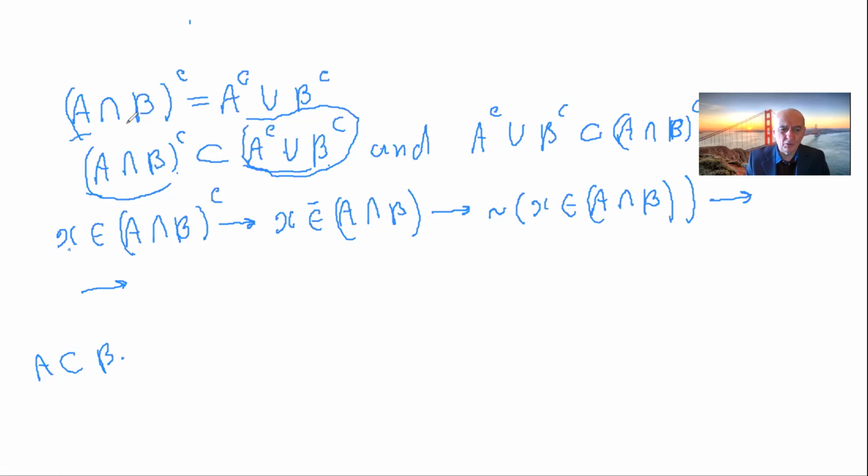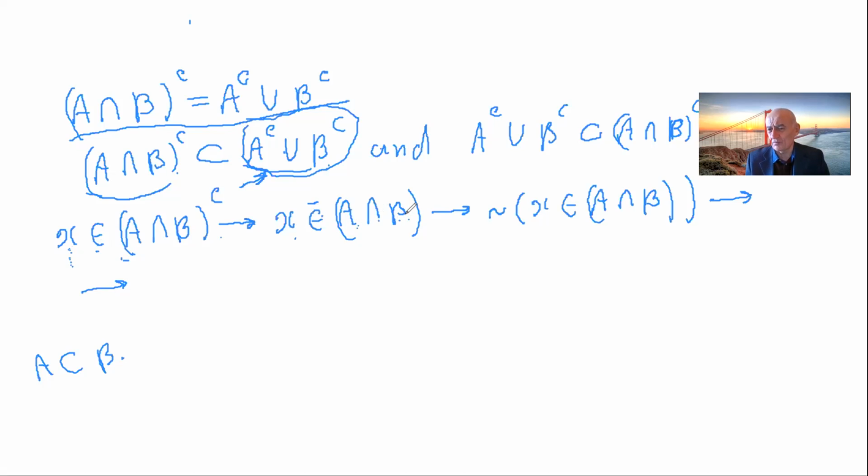Look, I want to prove this equality, this identity. And for this, I'm taking an arbitrary element from this set. And now my goal is to prove that this element belongs to this set. So X belongs to this set. It means that X does not belong to the intersection of A and B. Do you agree with this?